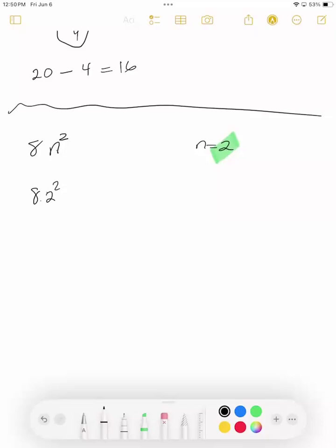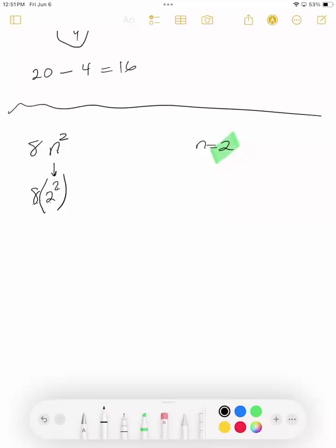So for avoiding error, make sure you put that inside the parentheses. It does two things. It means you have a multiplication, and putting that inside the parentheses guarantees that you are going to raise 2 to the power 2 before you multiply it by 8. So you have to do the exponent before you multiply 8 by 2.